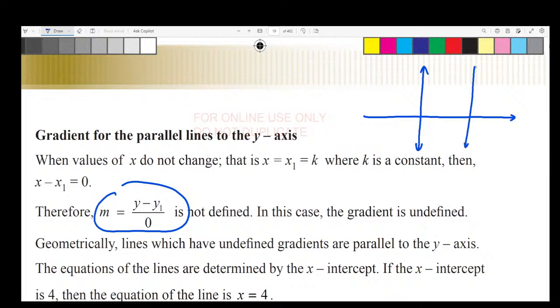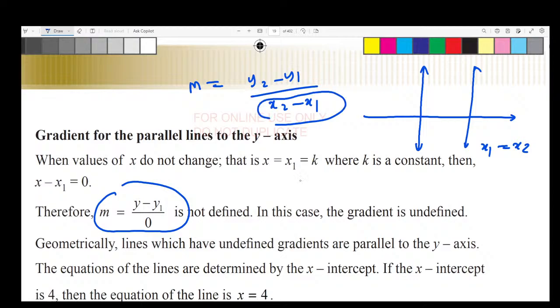like this, it means x1 is equal to x2, and from the equation of the slope, y2 minus y1 over x2 minus x1, you can see, dear students, there is no change in these values.